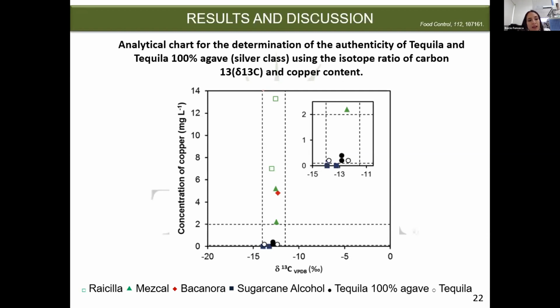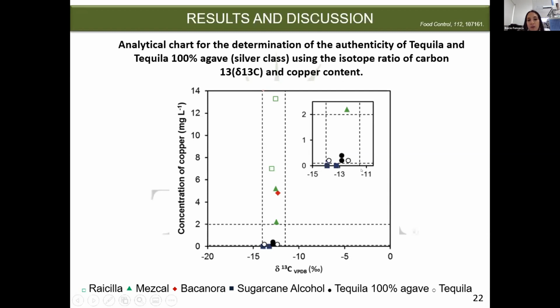Why this method? This method applies to these samples because they use copper stills in the distillation process of mezcal, raicilla, bacanora, and tequila.